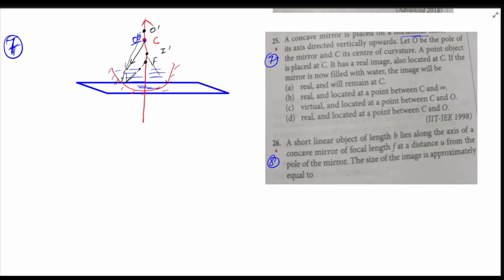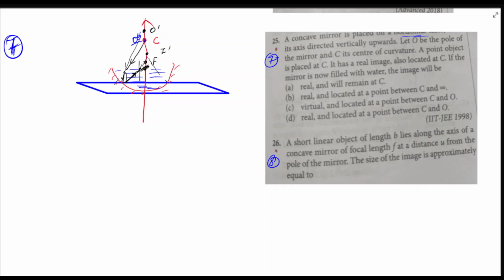At this point, what happens? They will move away from the normal. So like this, they will hit like here.